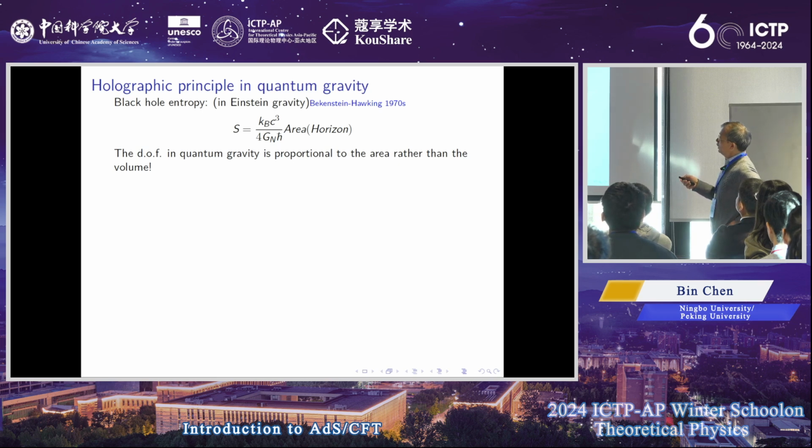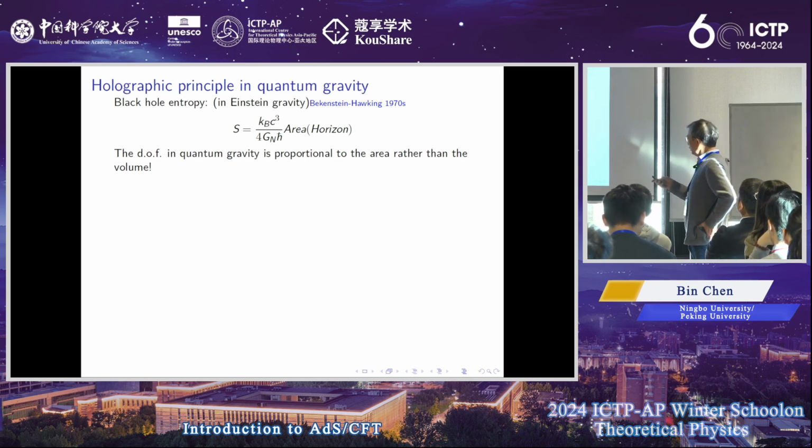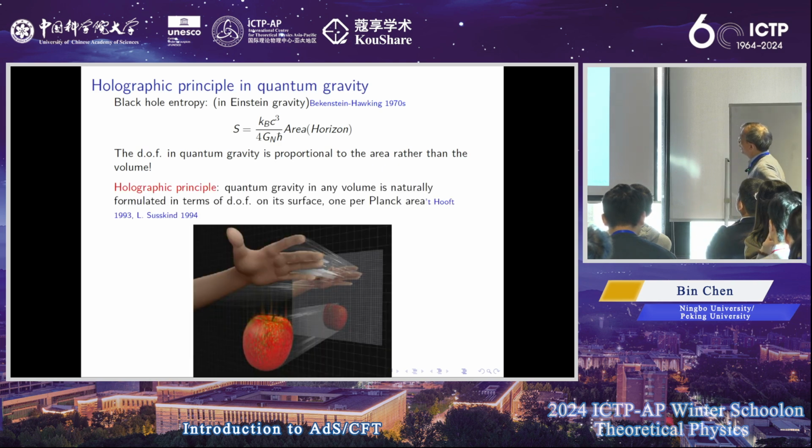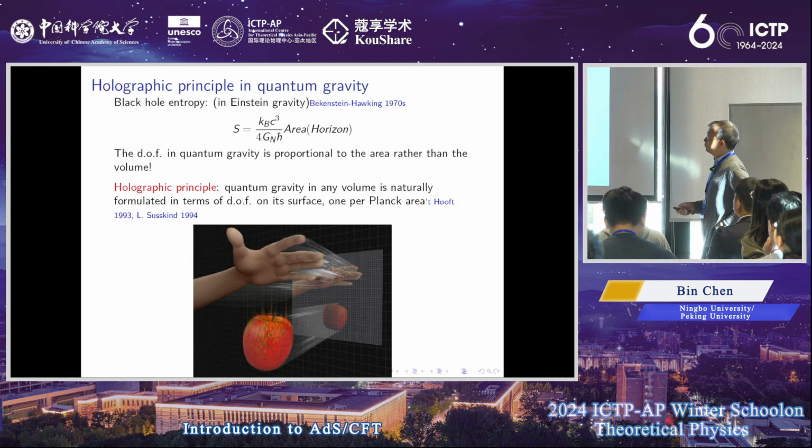The degrees of freedom in quantum gravity have some holographic nature, and this was proposed and formulated in the 90s by 't Hooft and Susskind. The proposal is the so-called holographic principle. Its statement is that quantum gravity in a volume, a bulk, can be reformulated in terms of degrees of freedom on the boundary, on some kind of holographic screen.